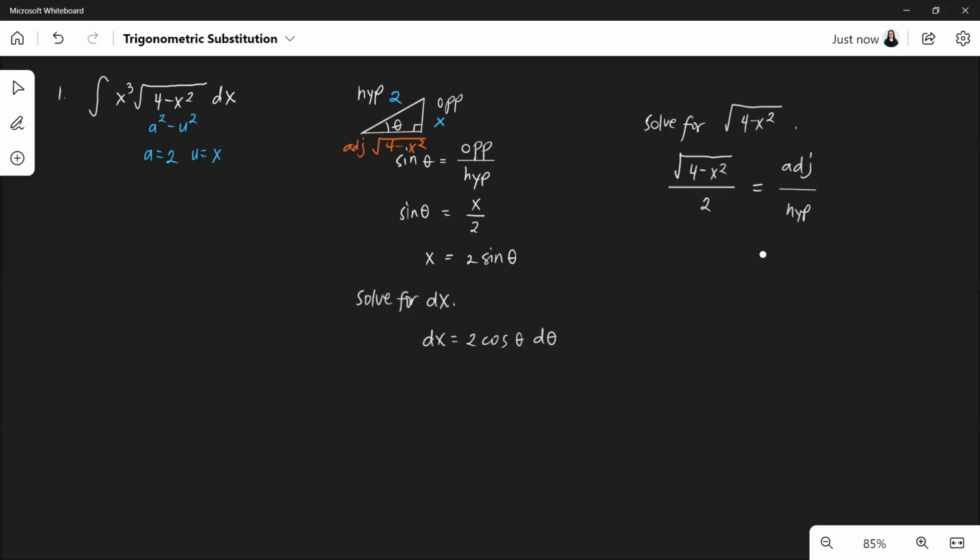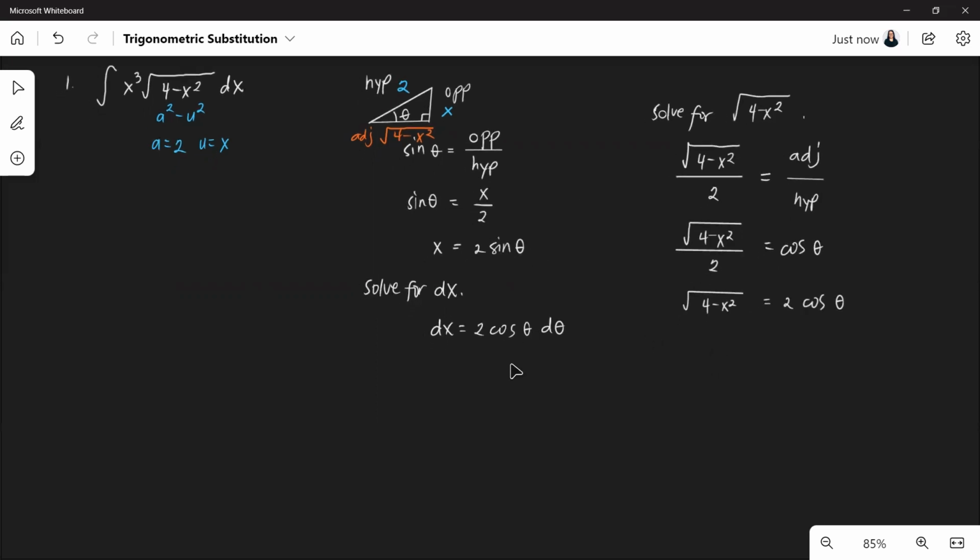The trigonometric function equivalent to adjacent over hypotenuse is cosine of angle theta. So square root of 4 minus x squared all over 2 is equal to cosine theta, or square root of 4 minus x squared is equal to 2 times cosine theta.